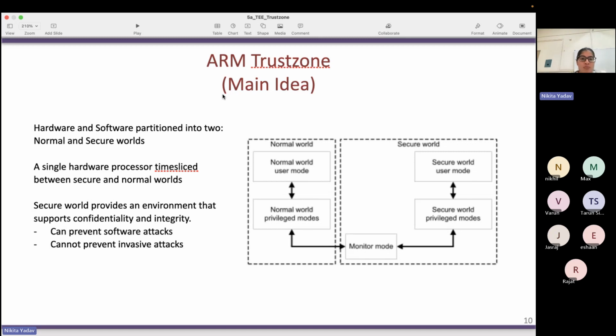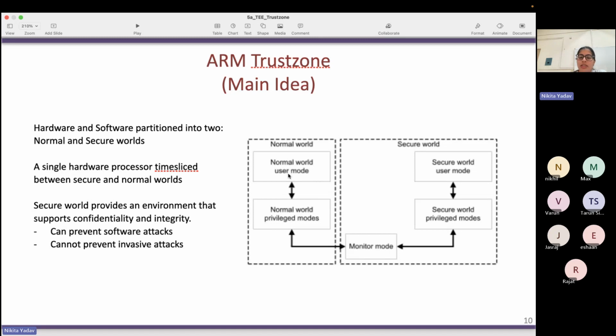And so just to emphasize, you should make a note of this, that at a time your processor can either be in the normal world or in the secure world. It cannot be in both worlds.